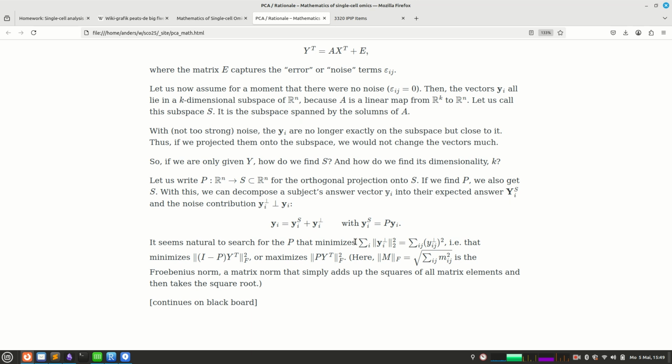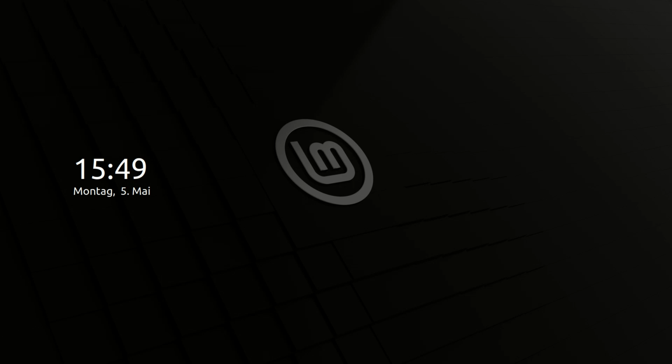Let's add my indices: the u_l are the eigenvectors of Y^T Y. And we want to now choose a P_1.